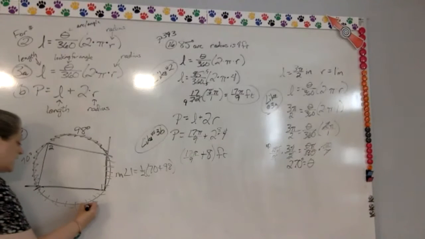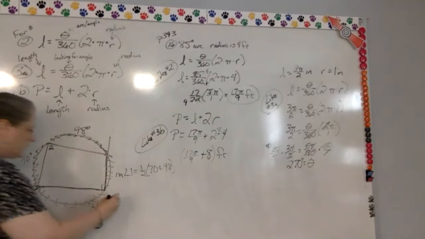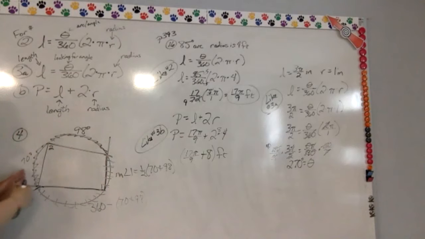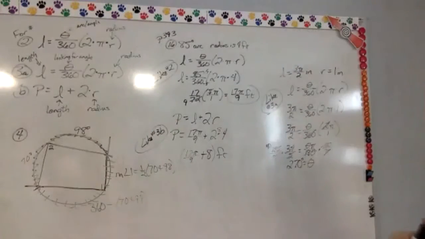So first I'll have to take 360 minus what this part was. And then for angle 2, I will take half of that answer for my measure of angle 2. So that's what you were supposed to have done for number 4. Okay?